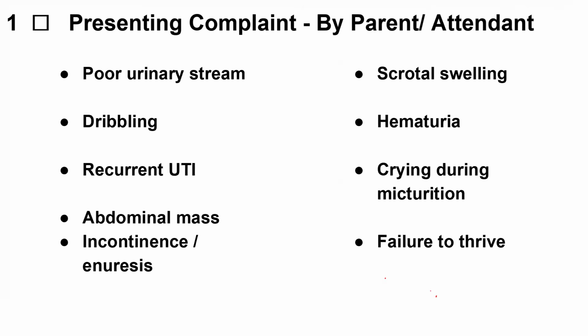In pediatric cases, the presenting complaint is usually given by a parent, attendant or guardian. Commonly found complaints are poor urinary stream, dribbling, recurrent UTI, abdominal mass, incontinence, enuresis, scrotal swelling, hematuria, crying during micturition and failure to thrive.